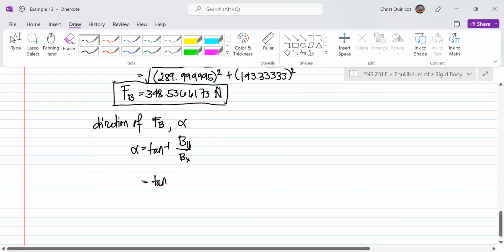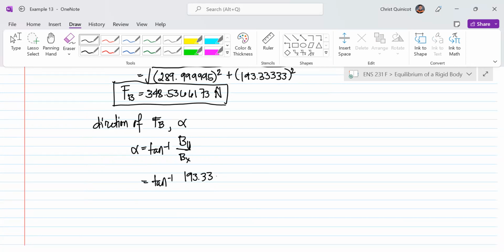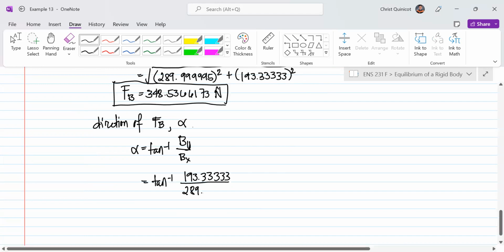the inverse tangent of our B sub y, 193.3 repeating, divided by 289.99245.